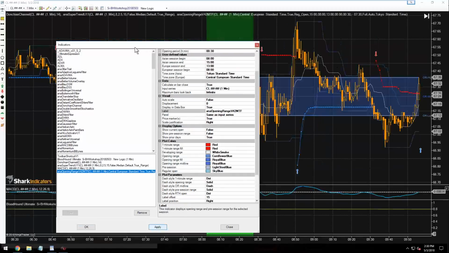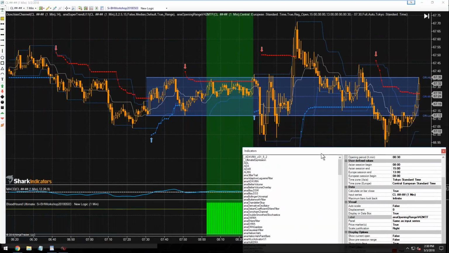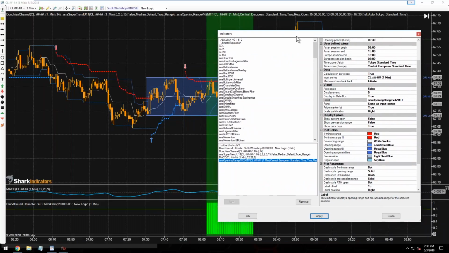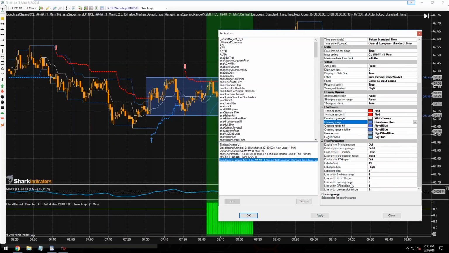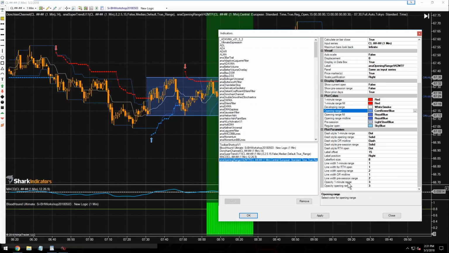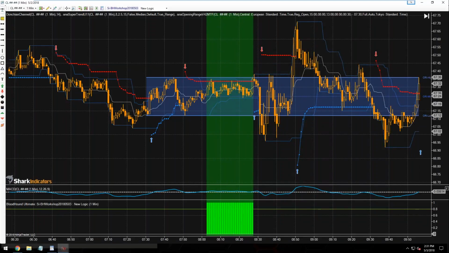Let's see. Maybe that only works in real time. Doesn't seem to be working historically. No, it doesn't look like it. So anyway, I'll just draw it manually on the chart.